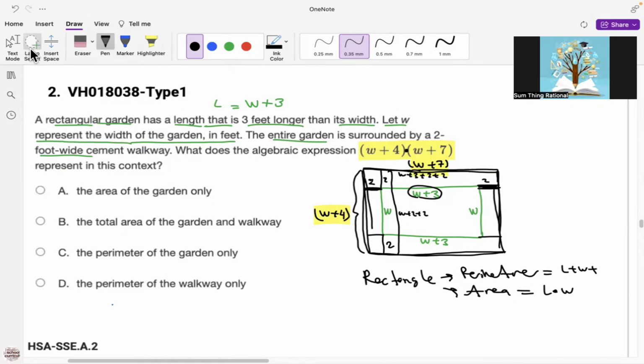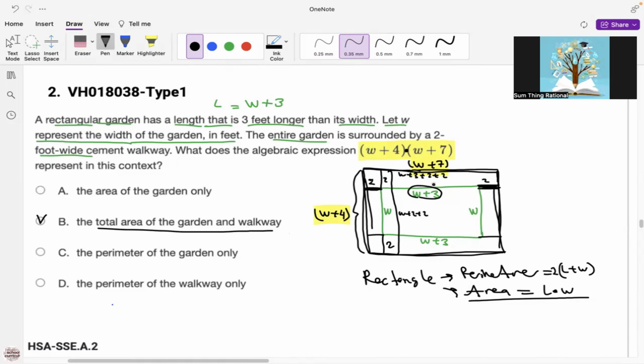We could write it as twice length and width: we put them in parentheses and put 2 in front, which means 2 lengths and 2 widths. Since we multiply in the area, it is the total area of the garden and the walkway.